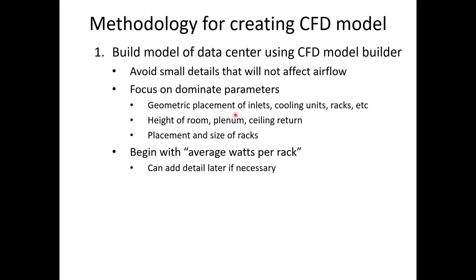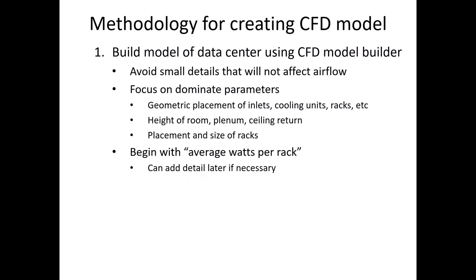Focus on, where are the inlets? Where's the racks in the room? Of course, where placement is important. Height of the room, supply plenum placement, supply plenum depth, return depth, placement of racks. But when it comes to the rack itself, average watts is a good place to start. Oftentimes it's all you know anyway, because you haven't built it yet. You have no idea where it's going to be in the rack.